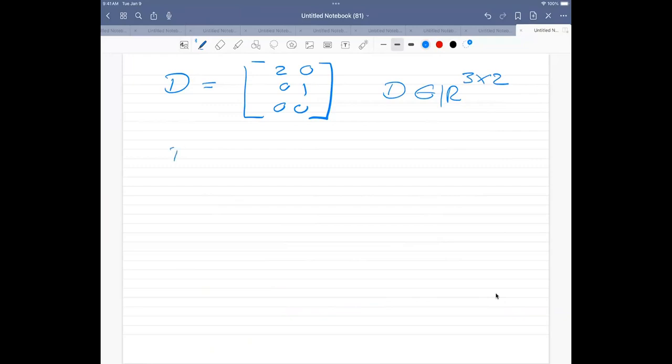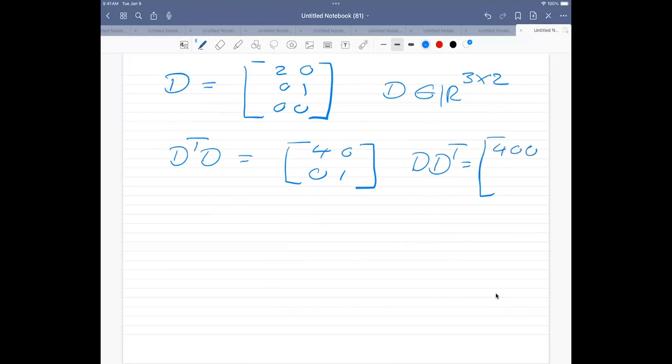What you will see is that if I take D transpose times D, that becomes a 2 by 2 matrix, and that will have only non-zero values along the diagonal. If I, on the other hand, do D times D transpose, this is going to be a 3 by 3 matrix. It will contain 0, a 4, and these values here, but then we will have a row here with only zeros.